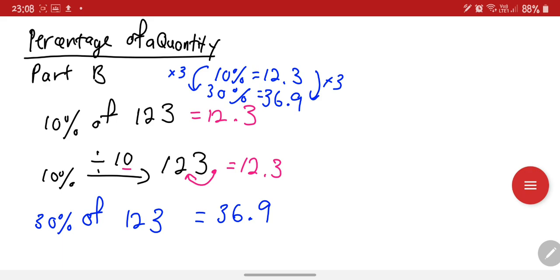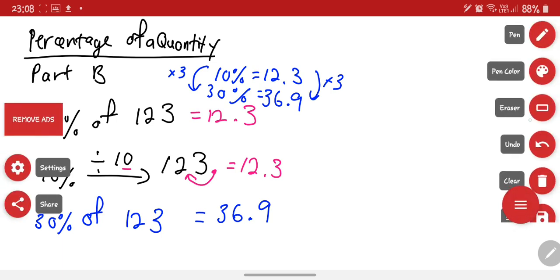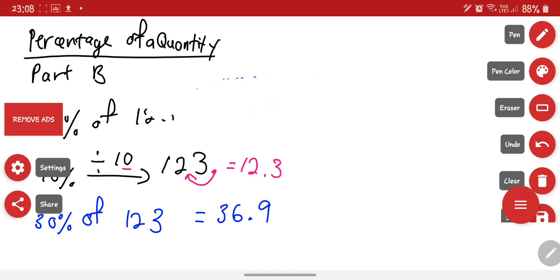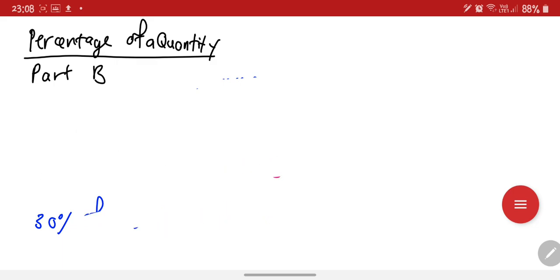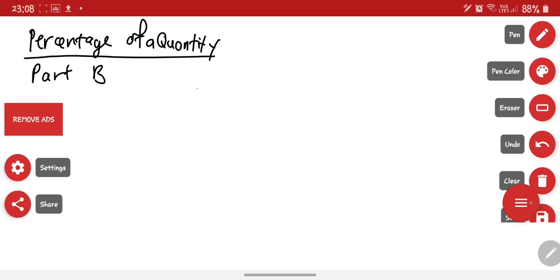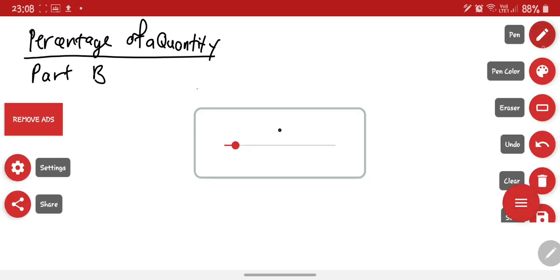Was I too fast? If I was too fast, let's continue doing another example. I'll just erase this question first. Just remember, to get 10%, you have to divide by 10. That is the keyword for this part B. For part B here, I am focusing on getting 10%.